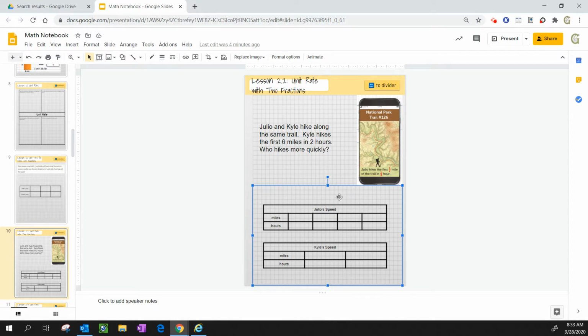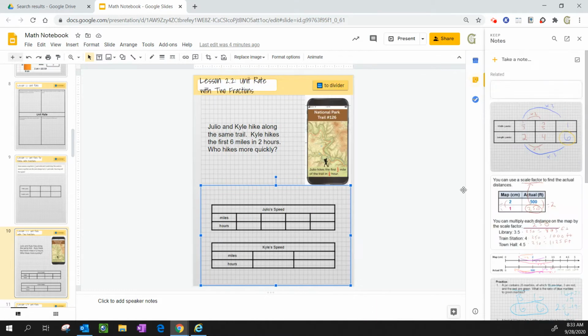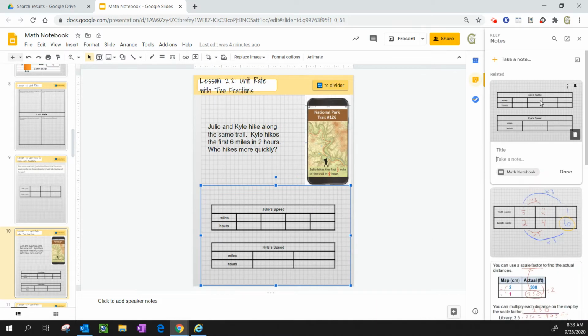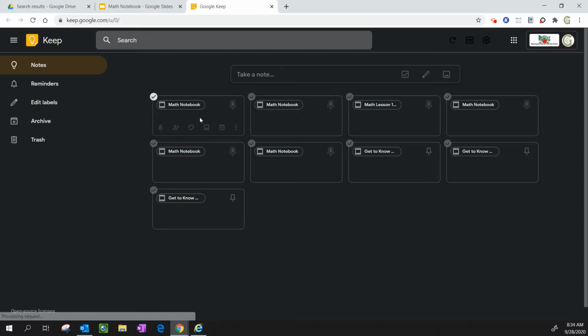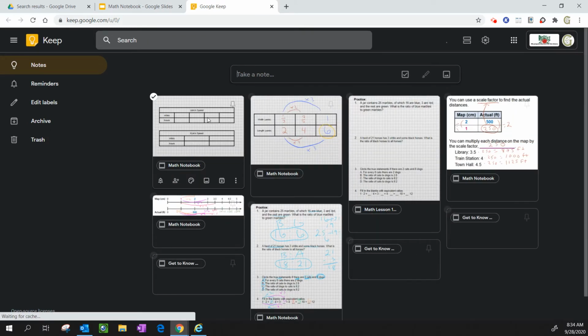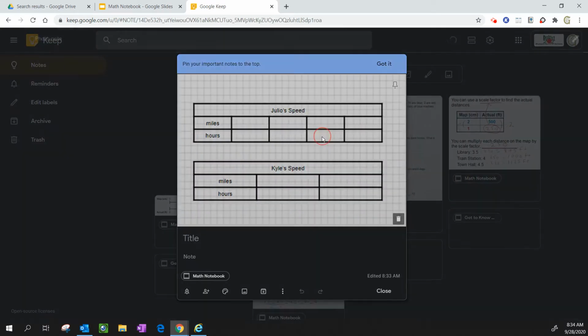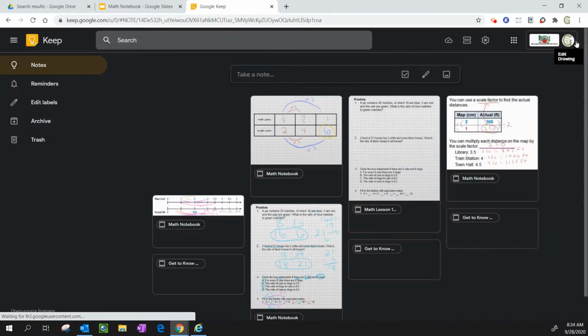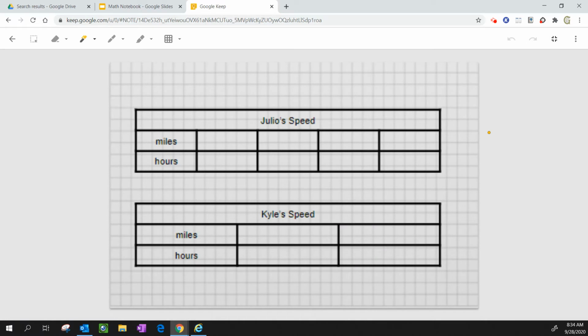So with this, again, I'm going to right click, save to keep, click on it, open a new tab. Click on it again till I get the pen. And then we'll go ahead and write on it.